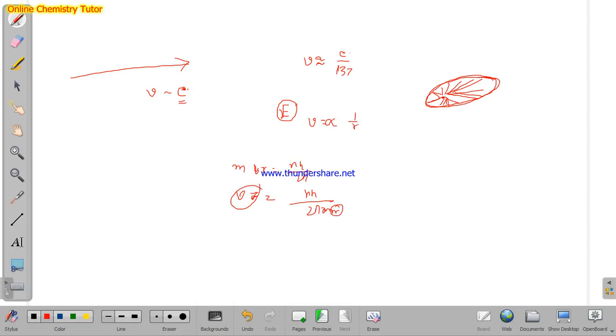In the position where r is small, v is more, and where r has a higher value, v will be small. So velocity will change, and at the same time the energy will change. According to Einstein's special theory of relativity, when velocity changes, mass will also change. So this electron is moving like a relativistic particle.